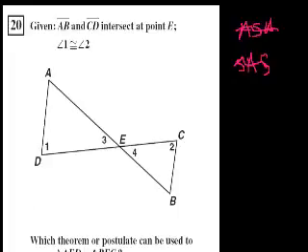So problem 20. You don't want someone else to get paid more just because they were willing to say SAS, ASA. Anyway, all right, problem 20. Given AB and CD intersect at point E. And just another aside, I think you can even tell from my tone that I enjoy the SAT problems a lot more, because in every way the SAT problems really test your understanding of geometry, but never do they mention the words similar, congruent, SAS, ASA.